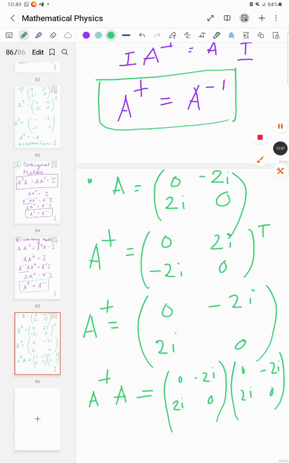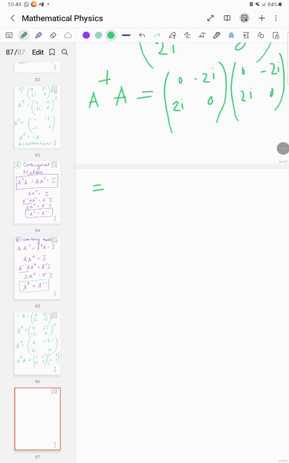Alright. So multiplying these, this is equal to 0 into 0 plus 4.